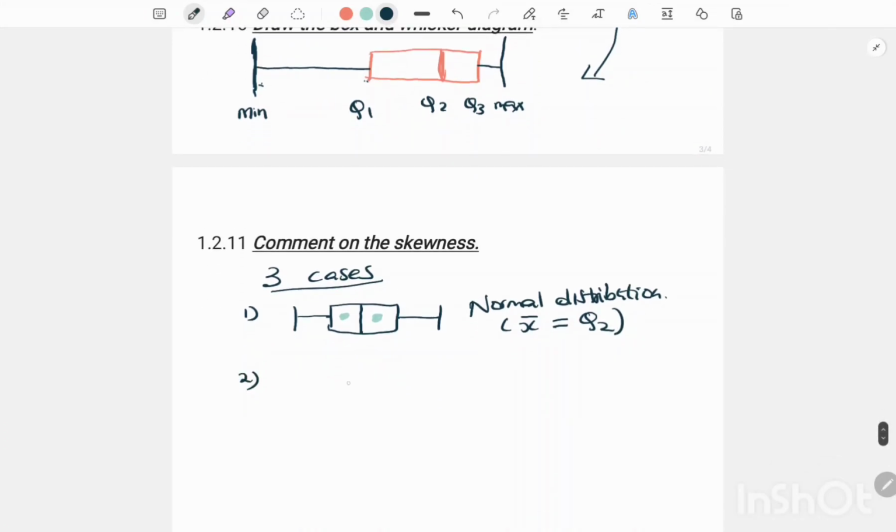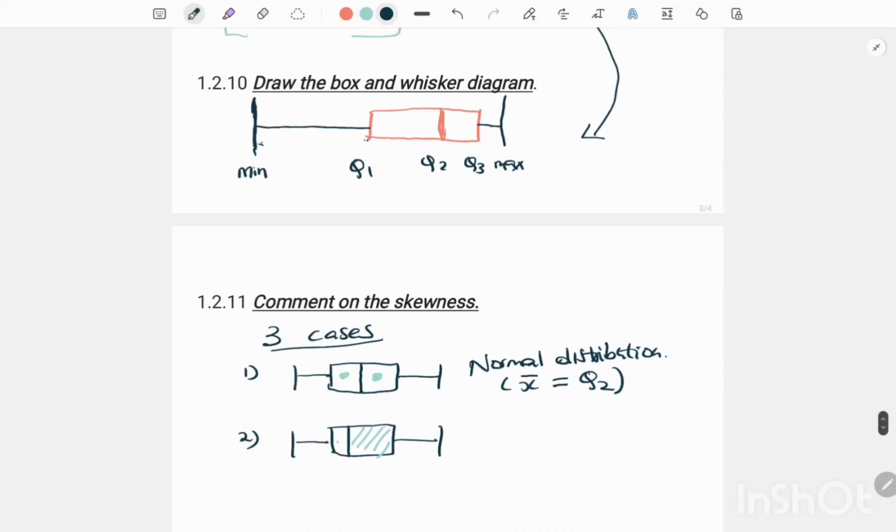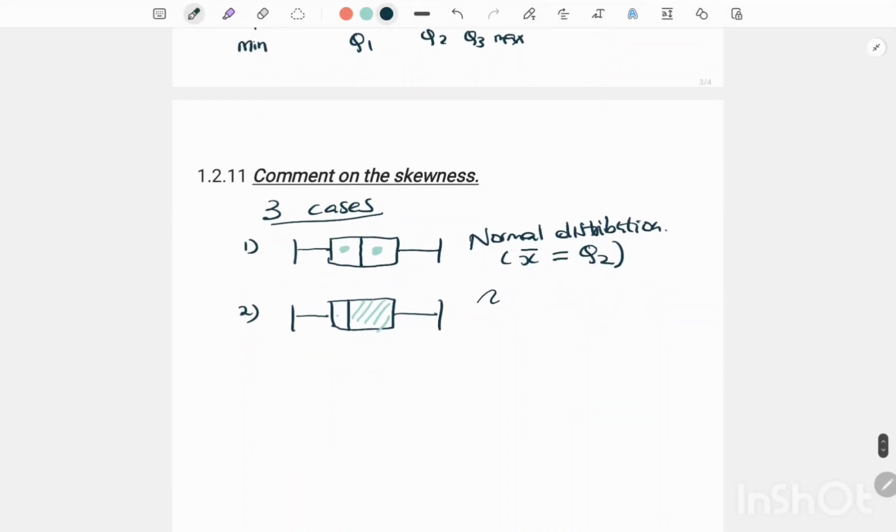Then case number 2, when this box on the right is bigger than the one on the left. When it is bigger, then we call this positively skewed, or you can say skewed to the right, because this box is shifted to the right. Skewed to the right. That is when the mean is bigger than the median.